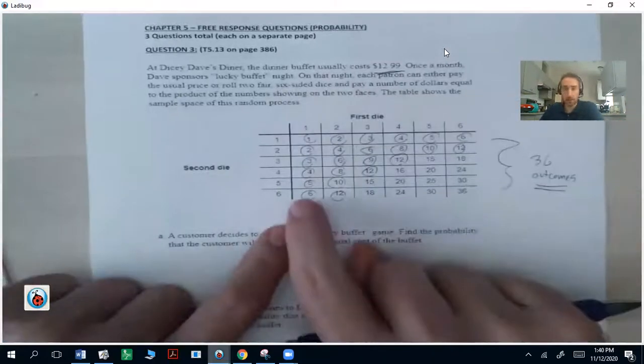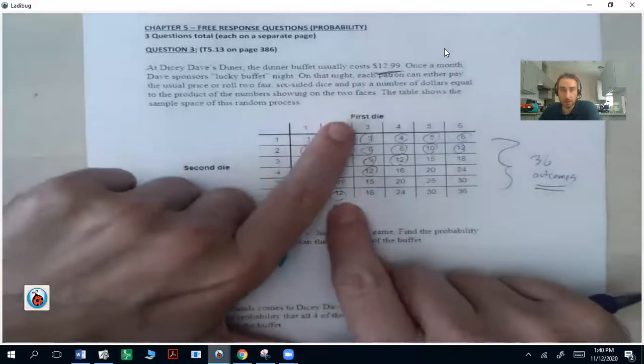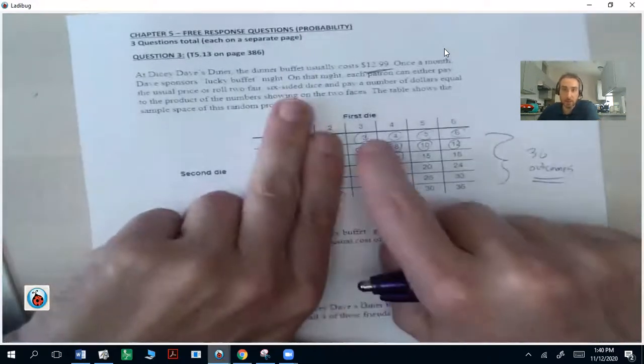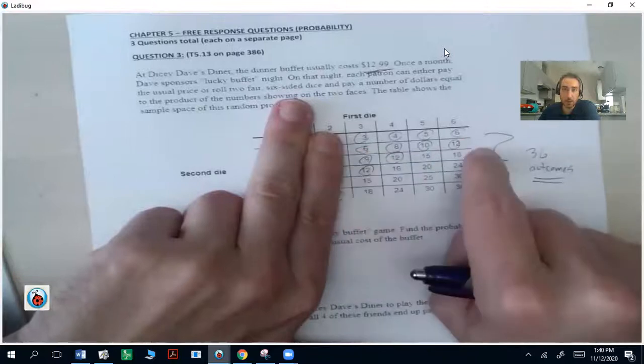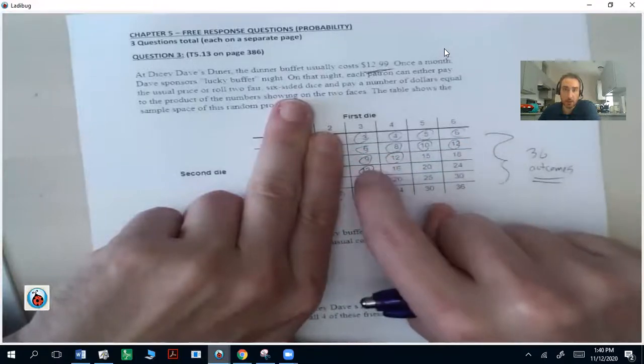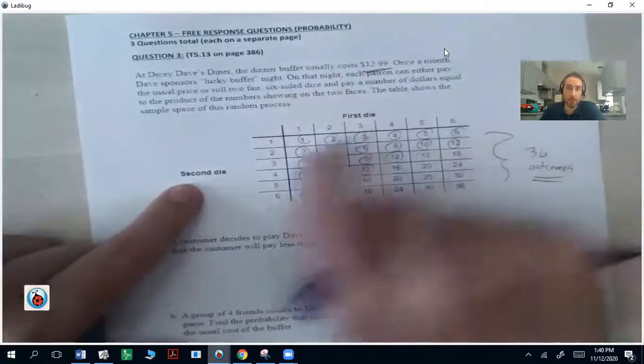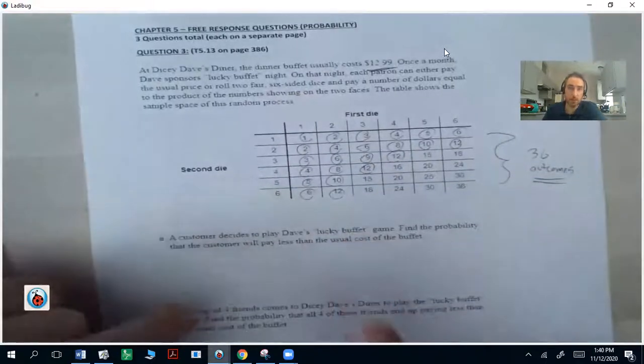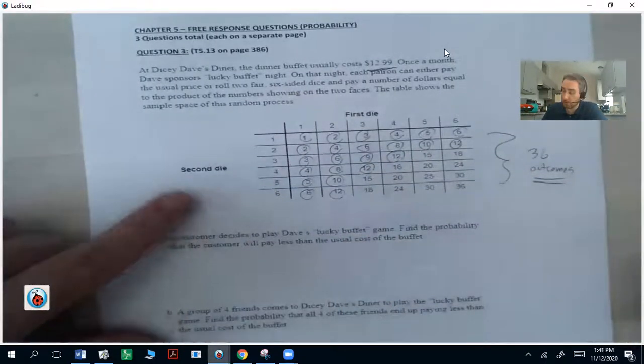So if I do that, that's going to be 6, 12. I don't want to count these again. So 16, 20, 21, 22, should be 23 of those would be less than the usual cost of the buffet.